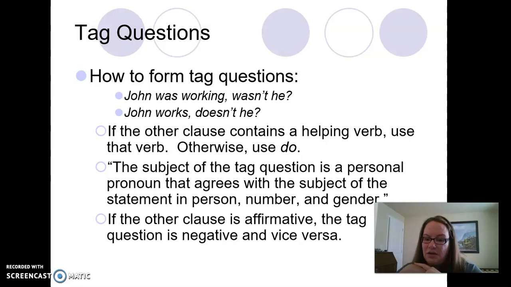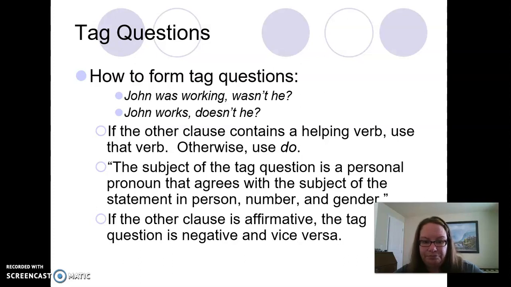So the tag part should have a personal pronoun that agrees with the subject of the statement in person, number, and gender. So John, I'm going to make an assumption that he's male, so I'm going to use he, he's singular, and it's third person, and so I'm going to agree with that by using he.